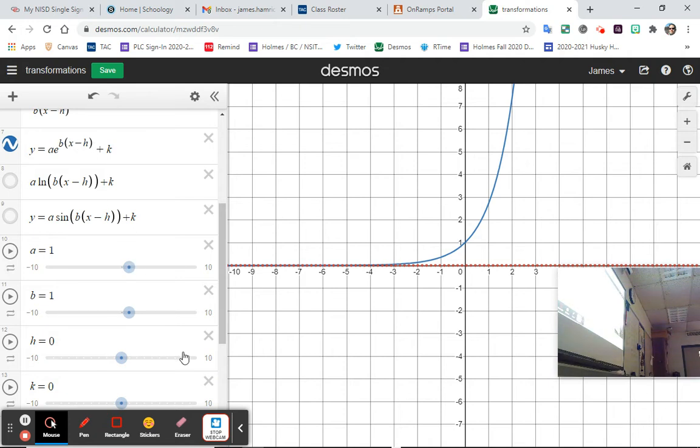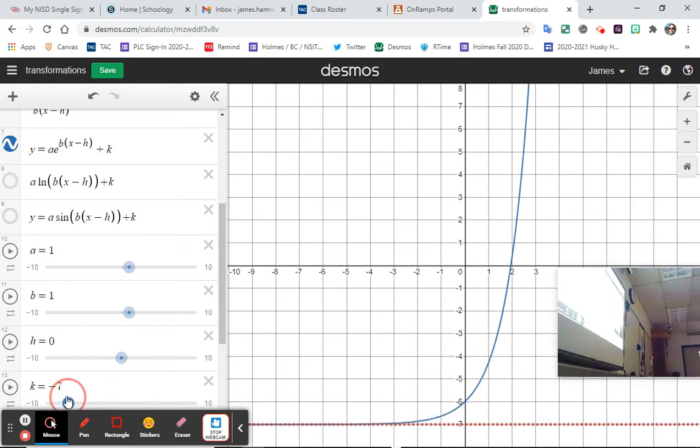The h and the k just move it left and right. So we've known for a while that h, as it goes left and right, again, watch the y-intercept and watch how this point shifts. The shape of the graph is not changing. It's just the whole graph is being shifted left and right. And then the k value, notice what happens here. As the k goes up and down, again, watch the y-intercept.